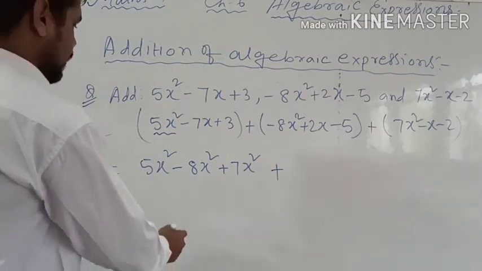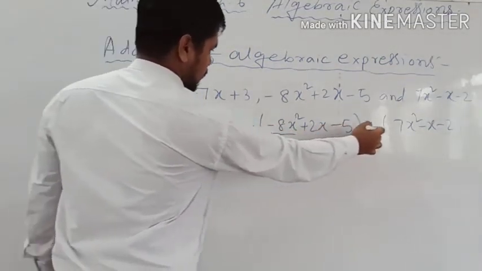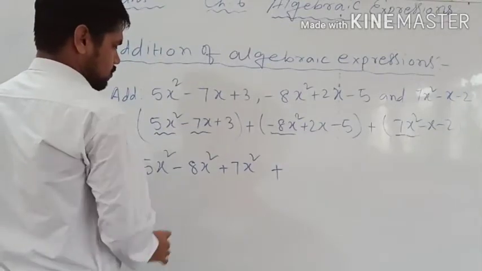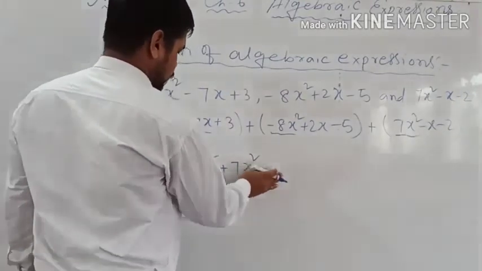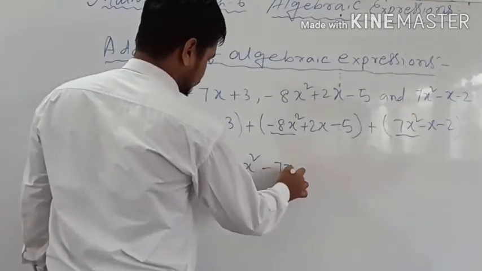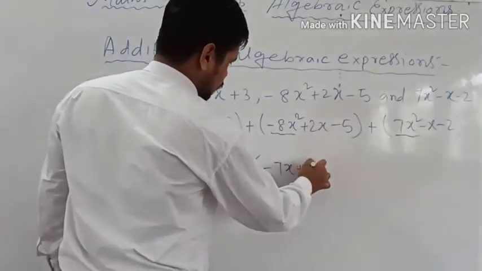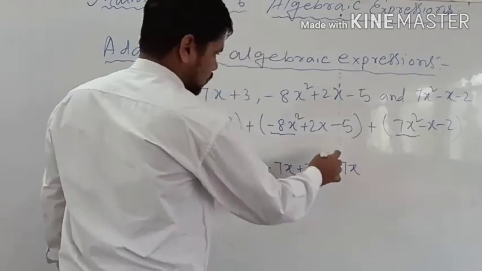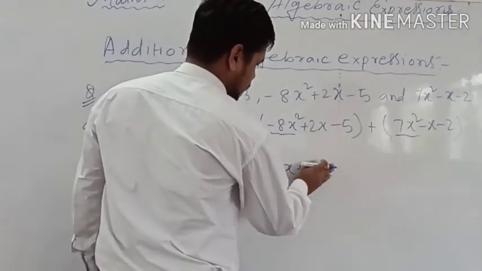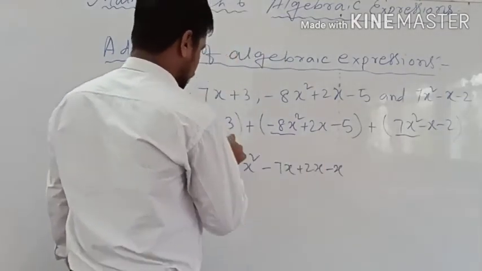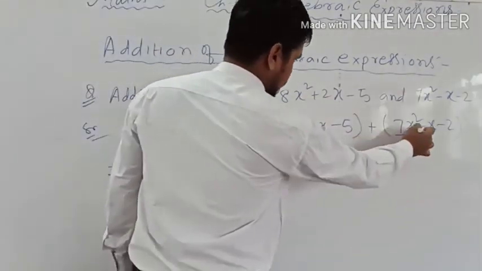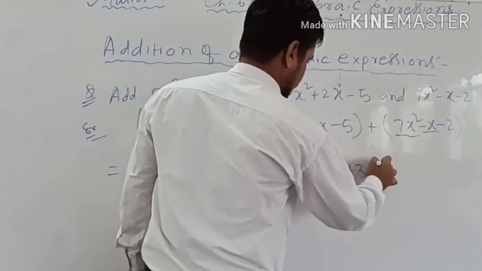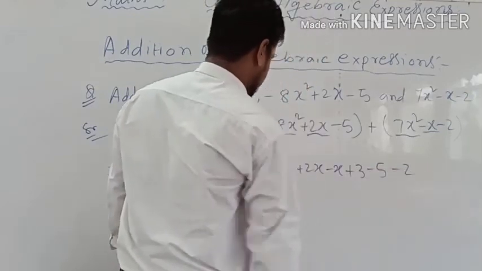Next, we take the second terms: minus 7x, plus 2x, minus x. Last, plus 3 minus 5 minus 2.